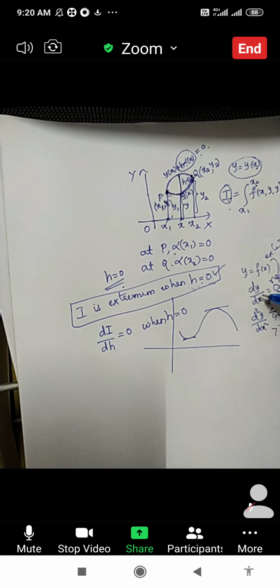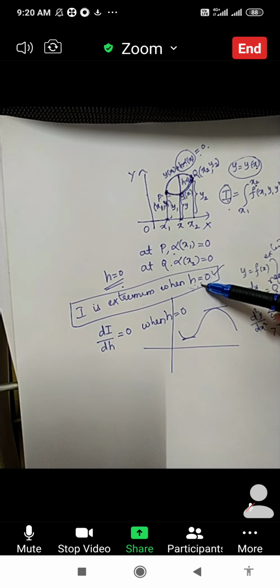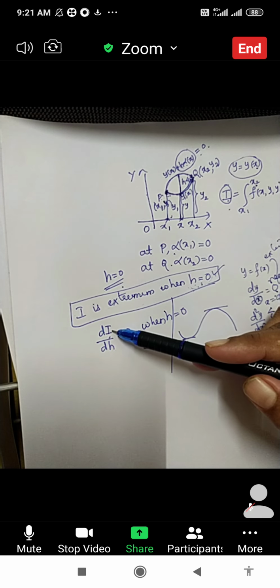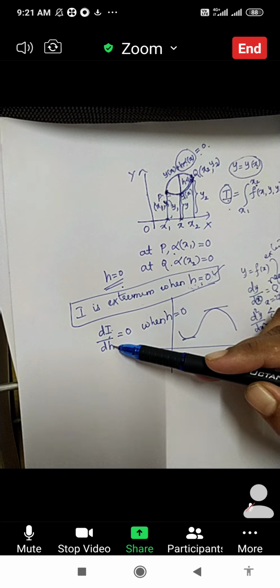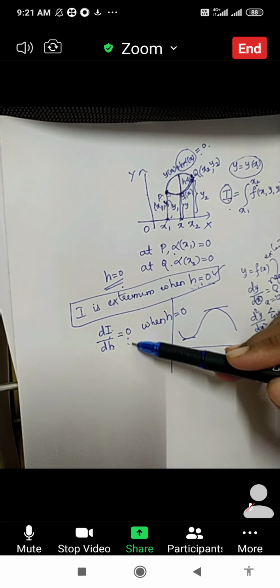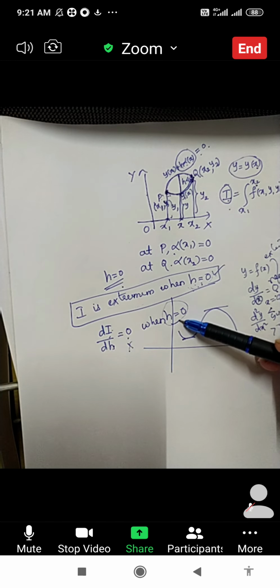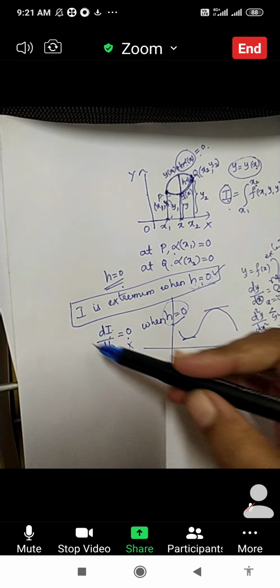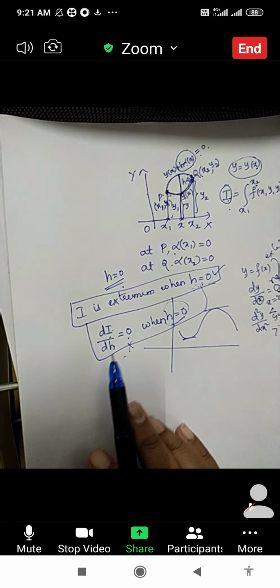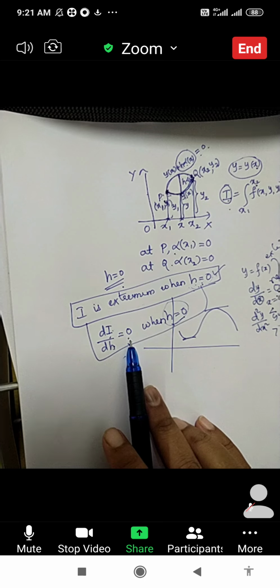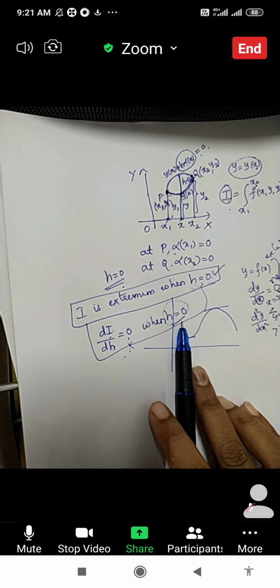Here you have the independent variable as x. Now this is h. So I have to differentiate I with respect to h only. If I take di by dx equal to 0, it has no meaning. Agree? Because you are not getting in terms of x, you are getting in terms of h. So our conclusion is di by dh should be 0 when h equal to 0.